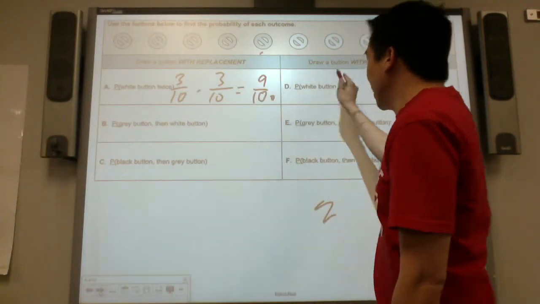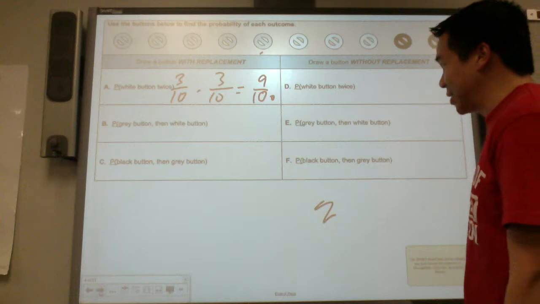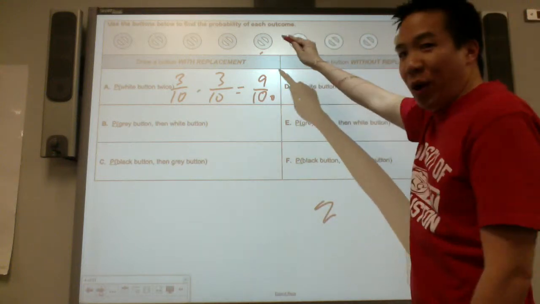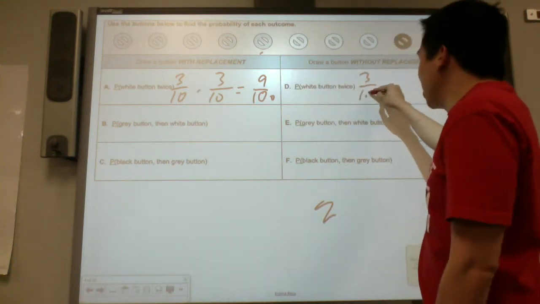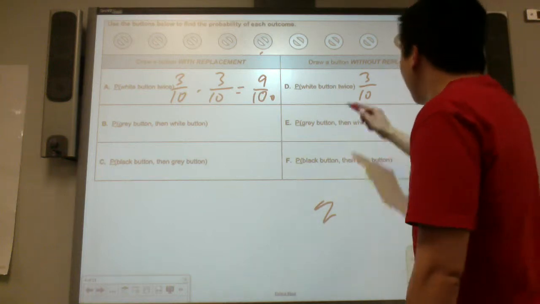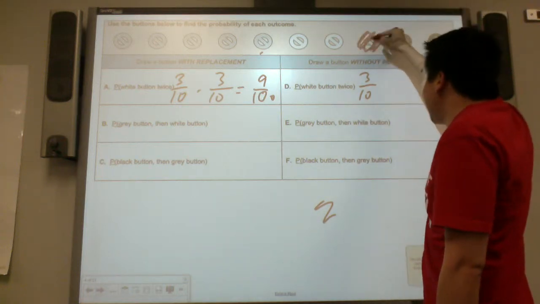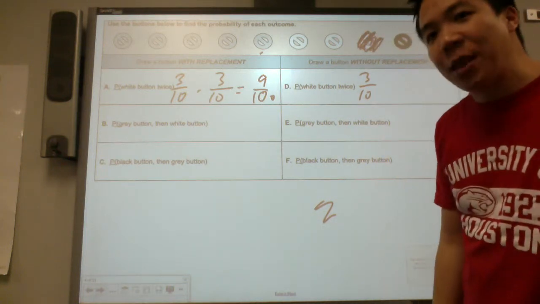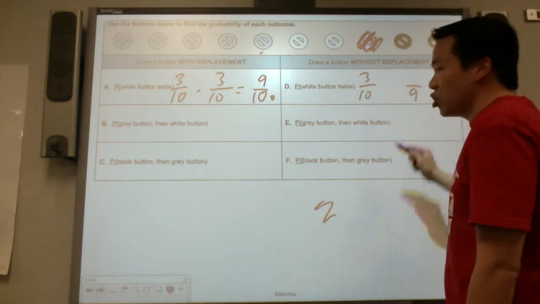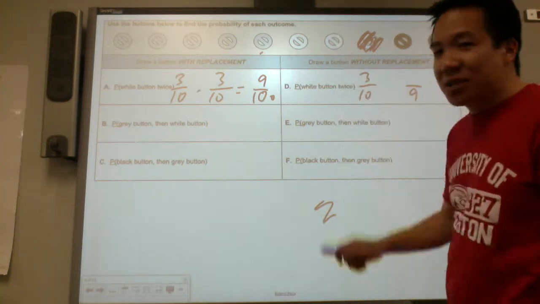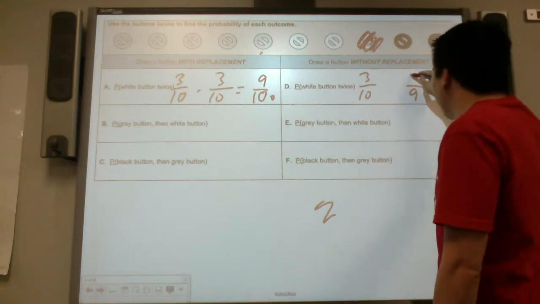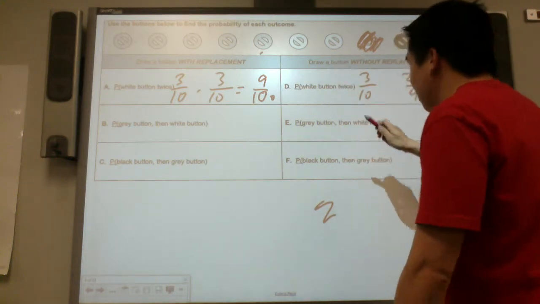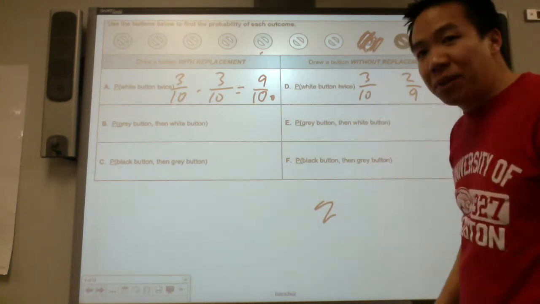Alright, so let's try without replacement. I draw a white button. How many white buttons are there? There's a 3 out of 10 chance of me getting a white button. But I do not replace it. How many buttons are left in the bag? Only 9 buttons to choose from. Then I choose a white button again. There's a 2 out of 9 chance now, because remember, I took a white button. I did not replace it.